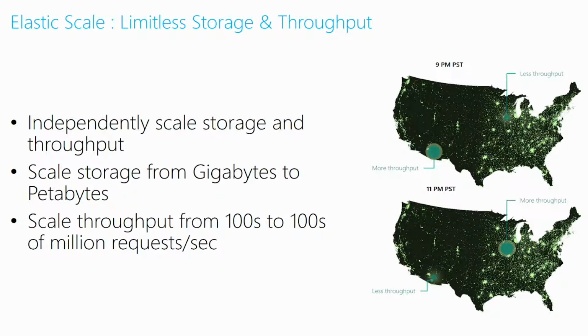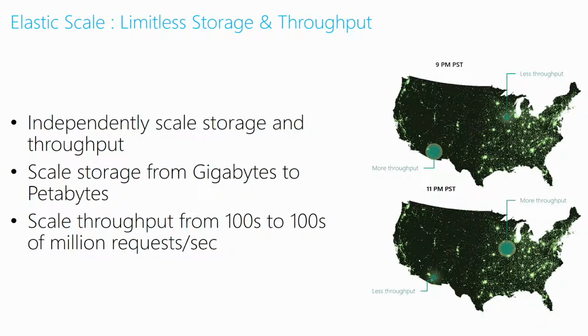With transparent partitioning at the server side, there is no overhead in terms of the application for scaling from gigabytes of data to petabytes of data. Similarly, with functionality like TTL, time to live, you can actually age out older data as required. And all in all, you only pay for the data that you consume at any point in time.